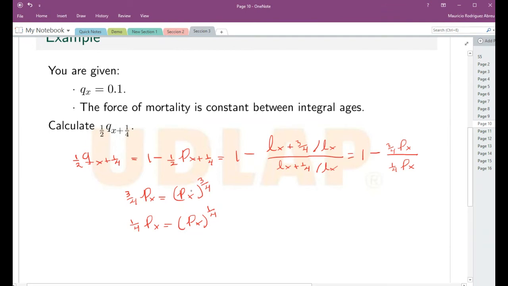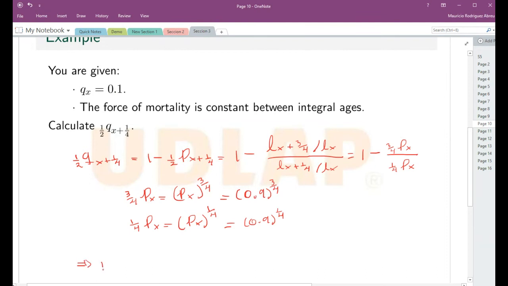Okay, now we have these things, and again, what we know is that this is 0.1, but this is not complicated because then we know that this is 0.9 to this power, and this is going to be 0.9 to this power.